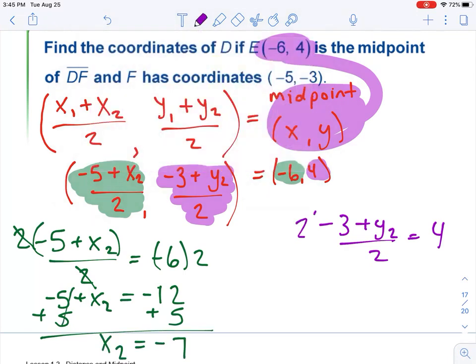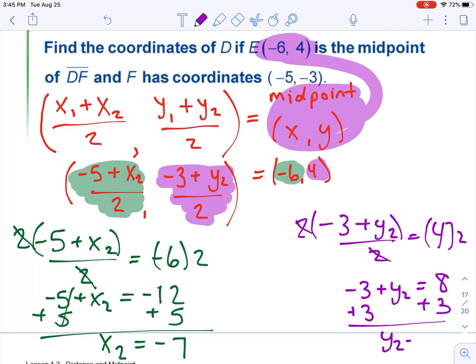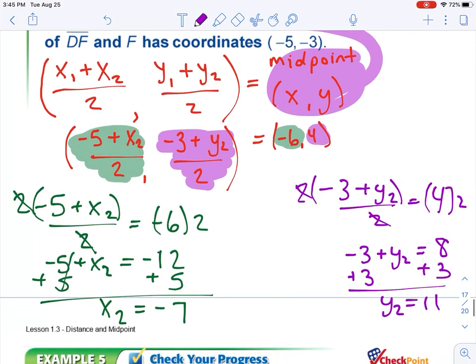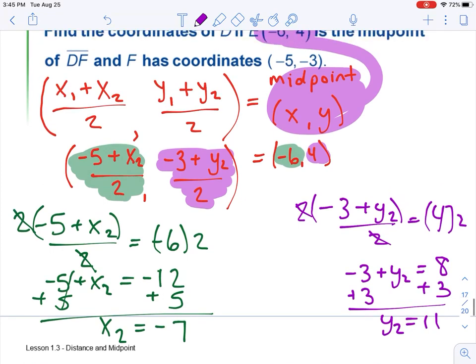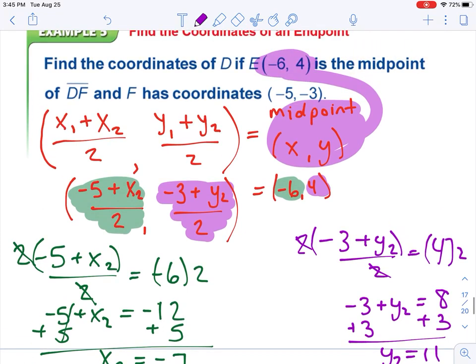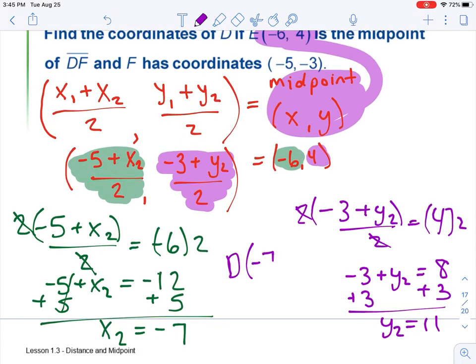And our y value, we'll do something very similar. Will be 11. So then last thing, make sure you just write out that we are finding D and its value is -7, 11. Go ahead, try the next one on your own.